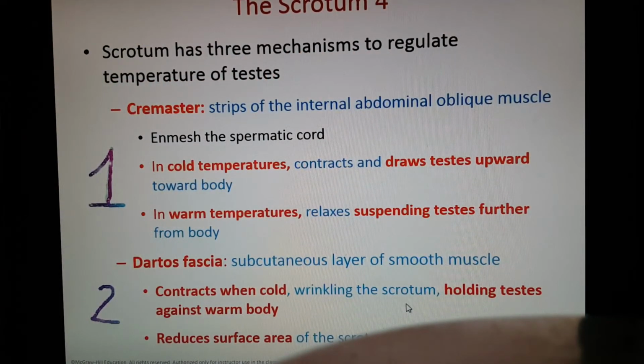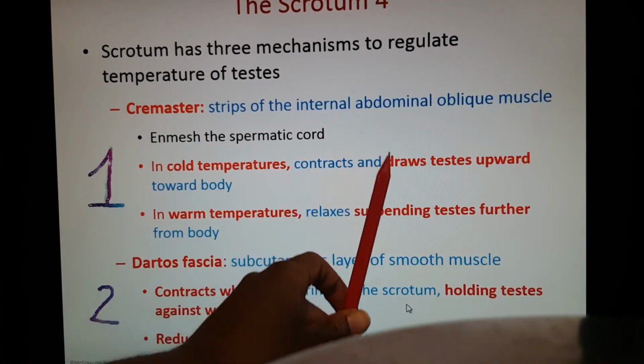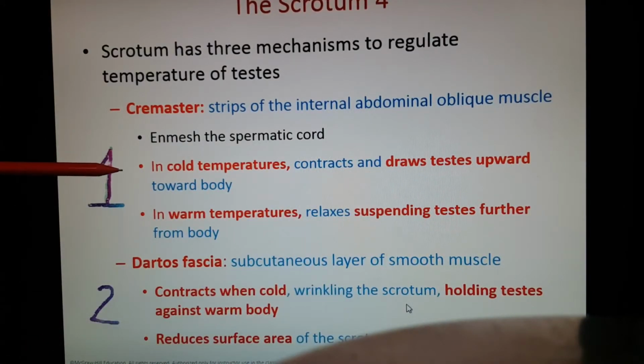Okay, so to regulate the temperature in the scrotum, there are multiple ways of doing so. I'm going to show you pictures later of how these different things function. The first one is the cremaster, which is strips off the internal abdominal oblique muscle, which in cold temperatures helps to draw the testes upward toward the body, to warm them up a bit since they're hanging outside.